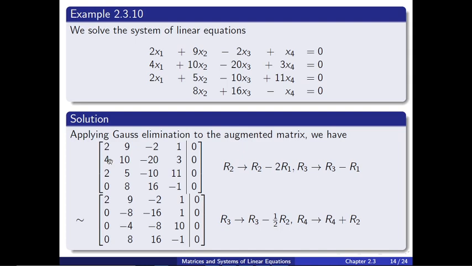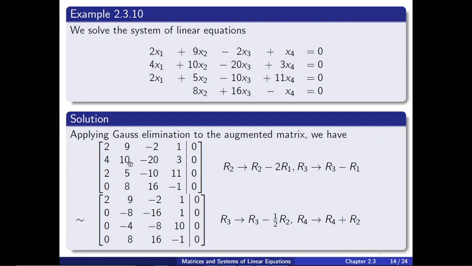If we want to make this a 0, we can say 4 minus 2 times 2, right? So in other words, R2 minus 2 times R1, which is this row operation. And so if we say 4 minus 2 times 2, that's 4 minus 4, which is a 0.